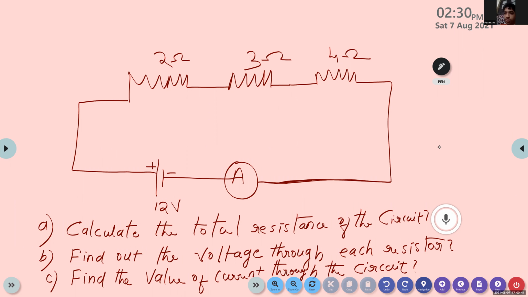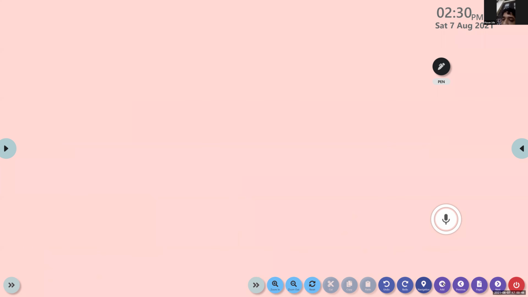Ma'am, it is R is equal to R1 plus R2 plus R3. Yes. In a series combination, the total resistance is given by R is equal to R1 plus R2 plus R3.